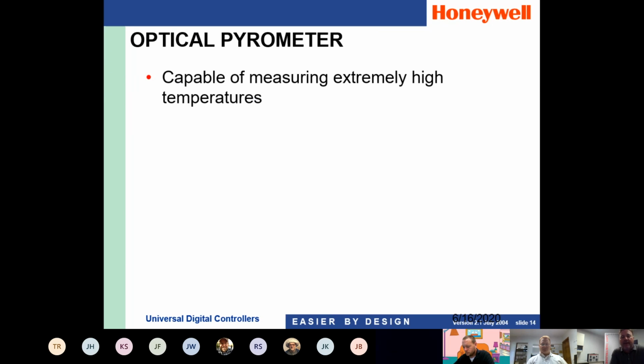So any type of non-contact, high temperature type of sensing, the optical pyrometer is usually the way to go. Now likewise, although these are used in high temperatures, they're not typically used at a very low temperature. So these usually start working at 300 to 500 degrees on up, and they're not used for any low temperature sensing.